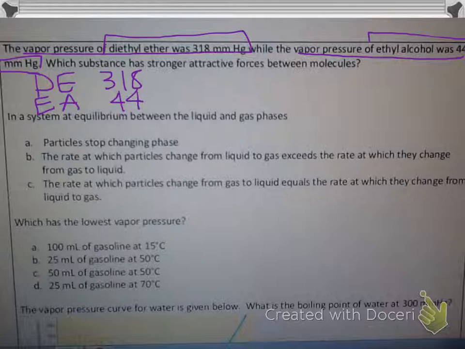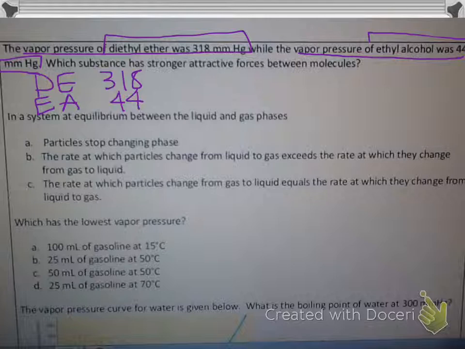It asks which substance has stronger attractive forces between molecules. We're going to assume that these are measured at the same temperature, so at room temperature, we'll say, or standard temperature and pressure. What are the differences here in the vapor pressures?